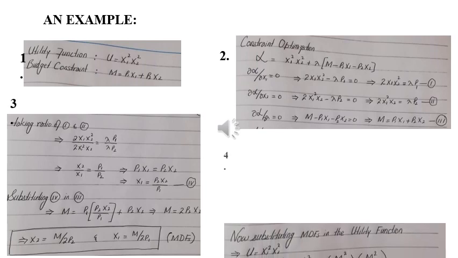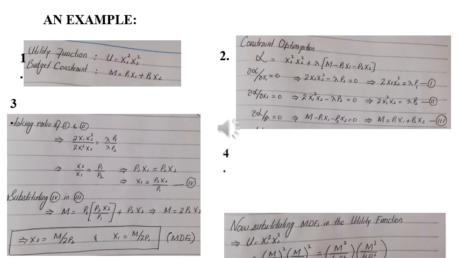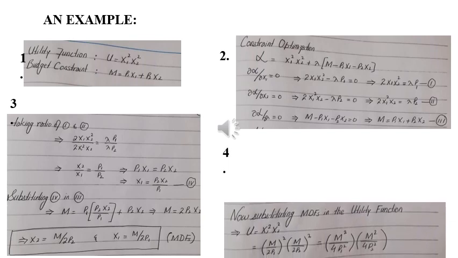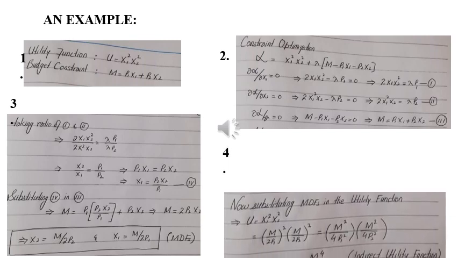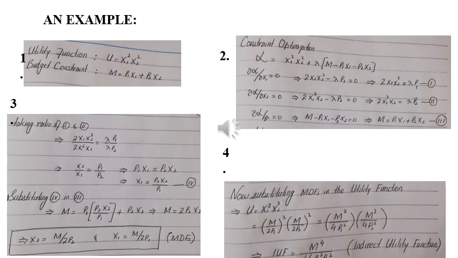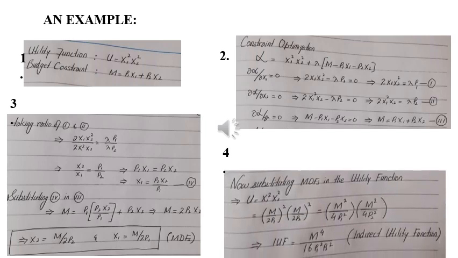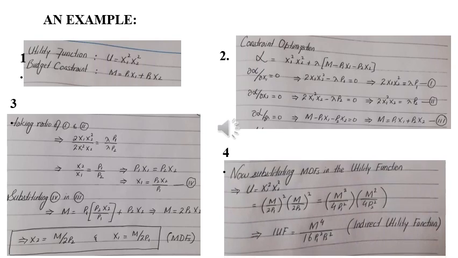Now in the final stage, we will substitute these Marshallian demand functions in the utility function, which is shown in part 4 of this slide. Now you can see in part 4 that the utility function is equal to x1 square into x2 square. In place of x1, we substituted m over 2p1. In place of x2, we substituted m over 2p2.